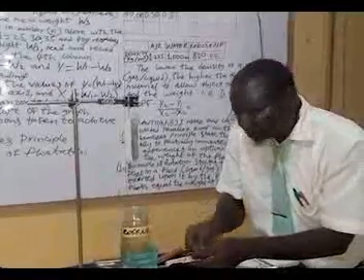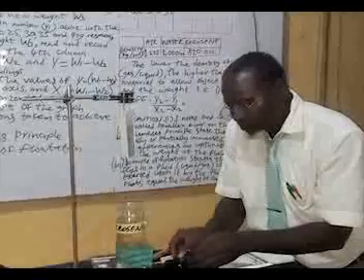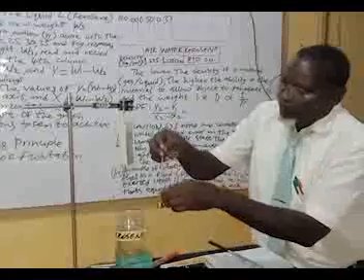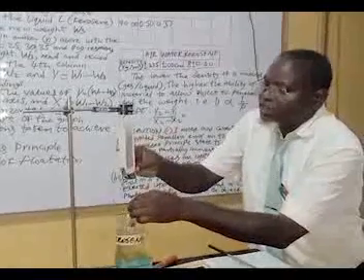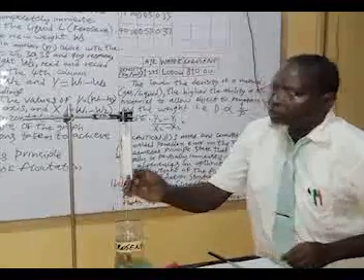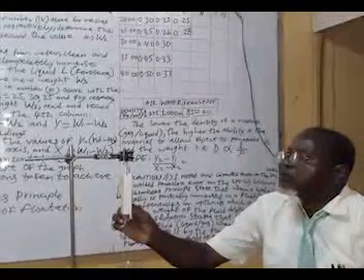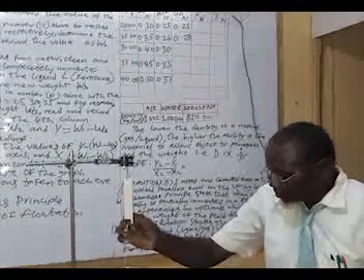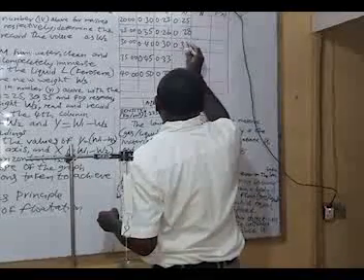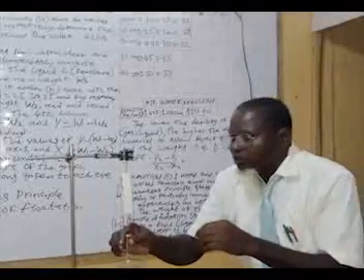And add another 5 grams to it. Lower it gently into the kerosene. This one gives us 0.32. Bring it out.